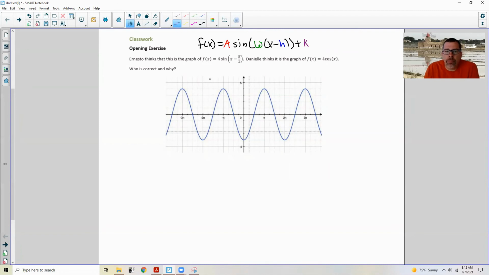Okay, what is A? A is the amplitude, the absolute value of A. In this one, the amplitude equals 4. The omega equals, there's nothing there, so it's 1.